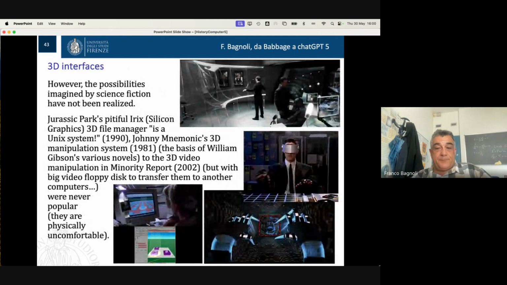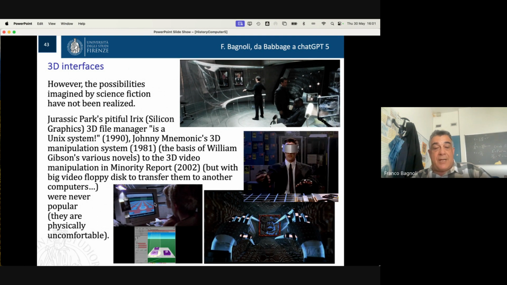And really, with all these promises of virtual reality, there has been during the evolution a lot of effort to develop 3D interfaces, in movies like Minority Report, Johnny Mnemonic, Jurassic Park.